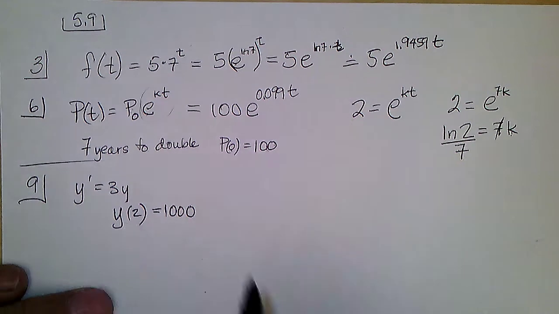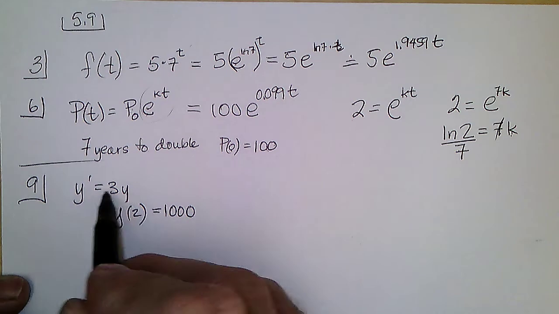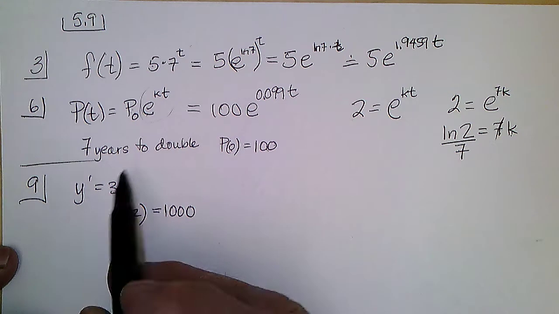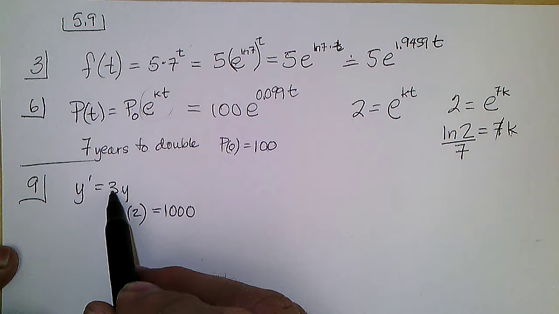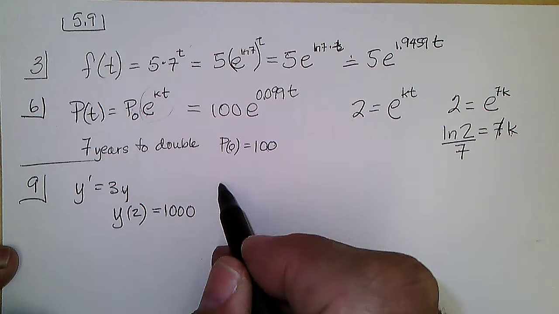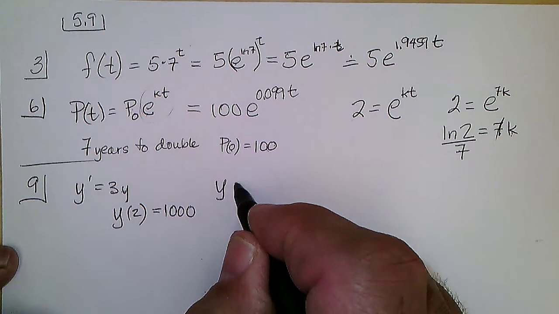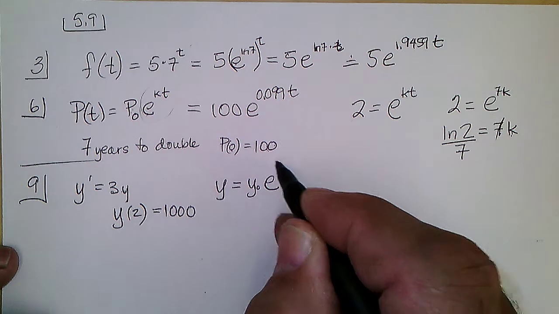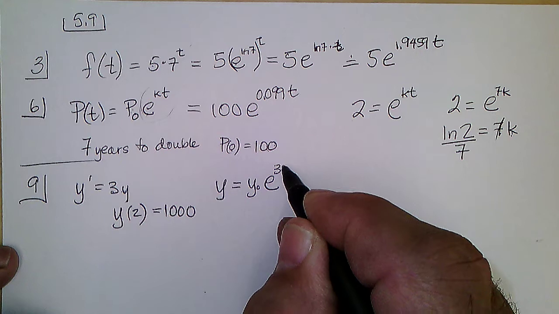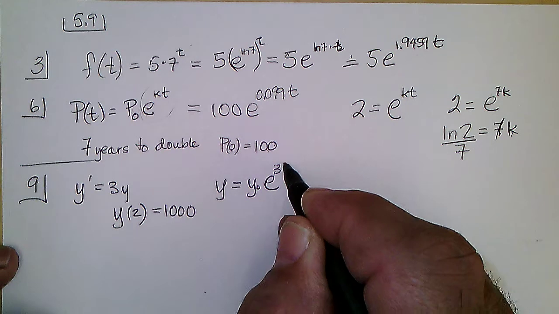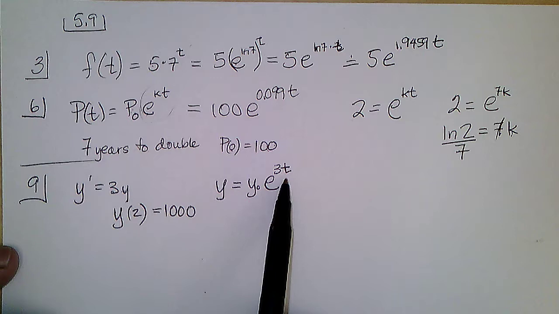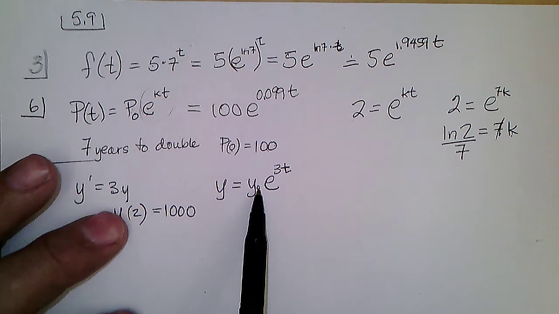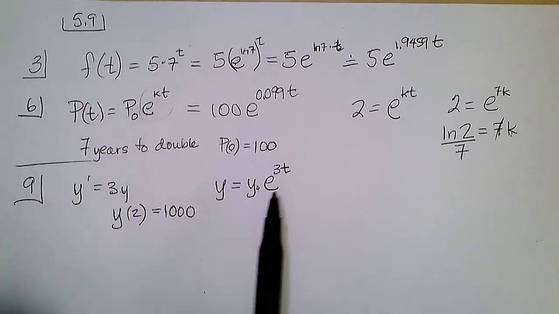The book does it one way, but the only function y whose derivative is just a constant times y would have to be something like y0 e to the 3t, where t is the variable. Because the derivative of this would be the original y times the 3, because of the chain rule.